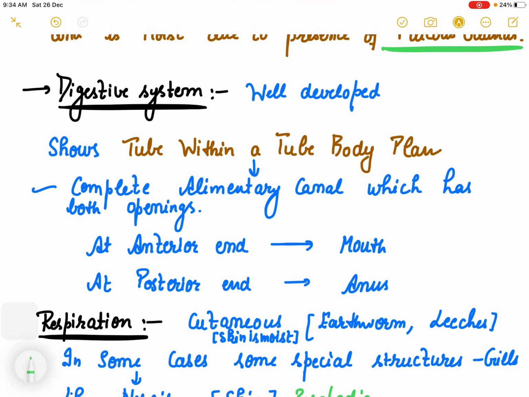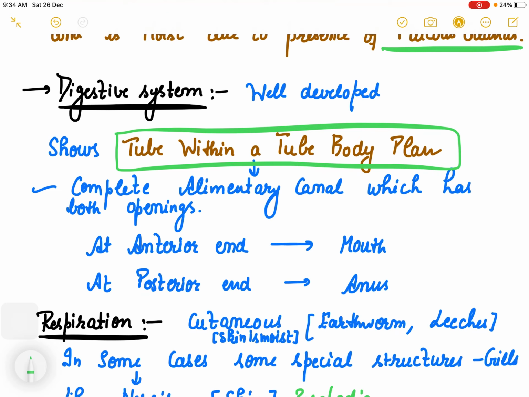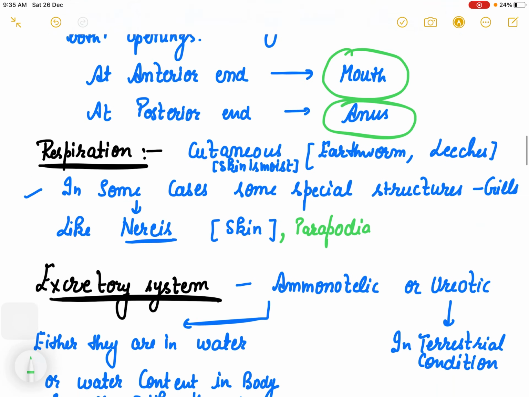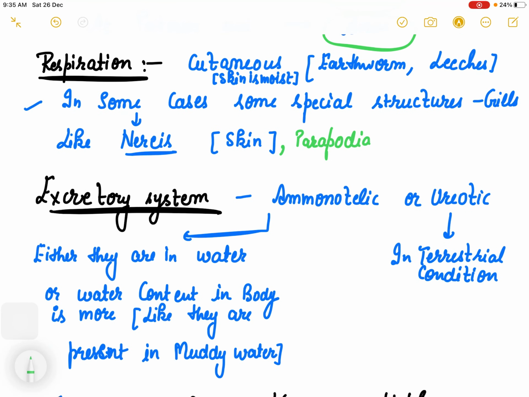Digestive system is well developed. They have a tube within a tube body plan, means a complete alimentary canal which has both openings: at the anterior end they have the mouth, and at the posterior end they have the anus. Respiration and osmoregulation are mostly taken care of by the skin.